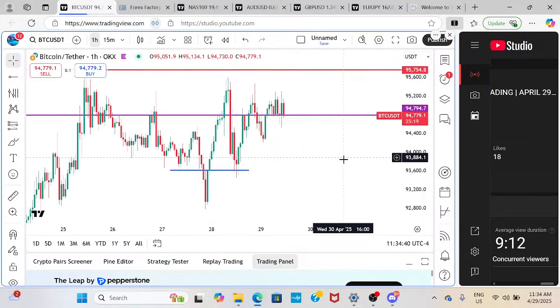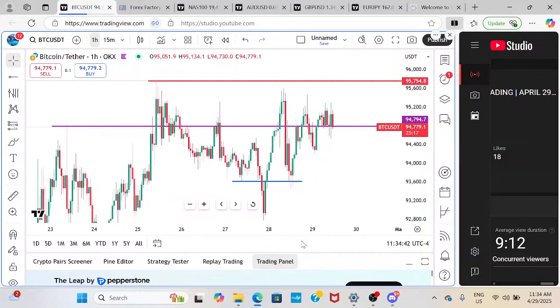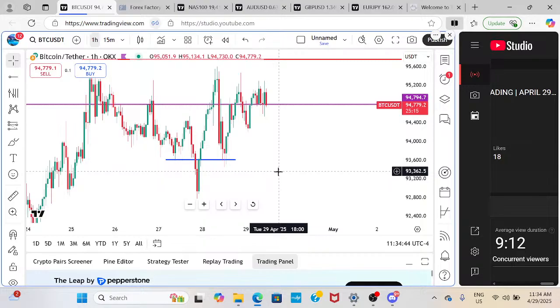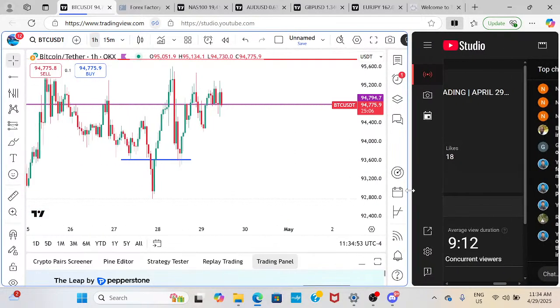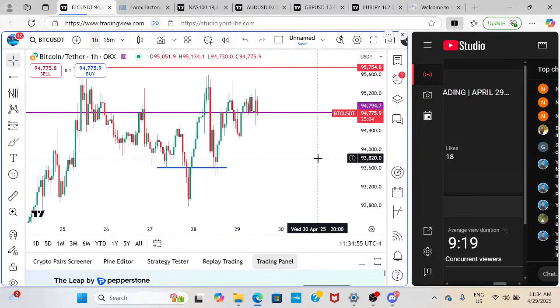Okay, this is a long-term price prediction. Now in the short term, let's look at what's happening right now. Okay, to see whether from where the price is right now, is it about to sell or is it about to buy? Okay, let's take a deeper look on what's happening right now.